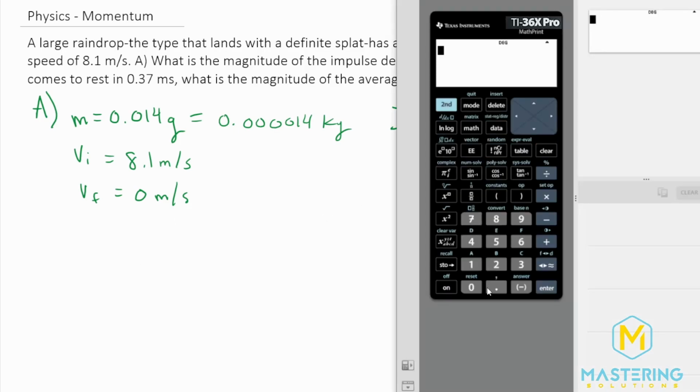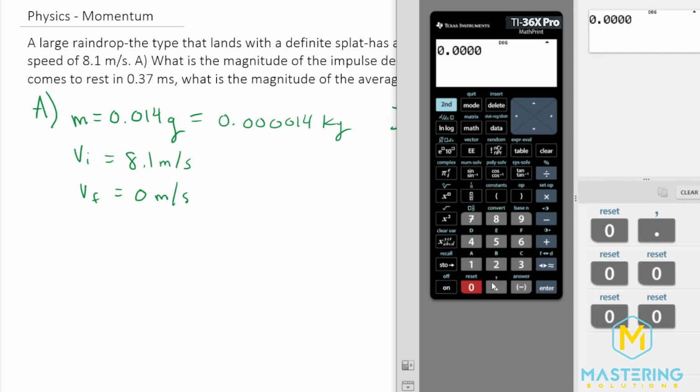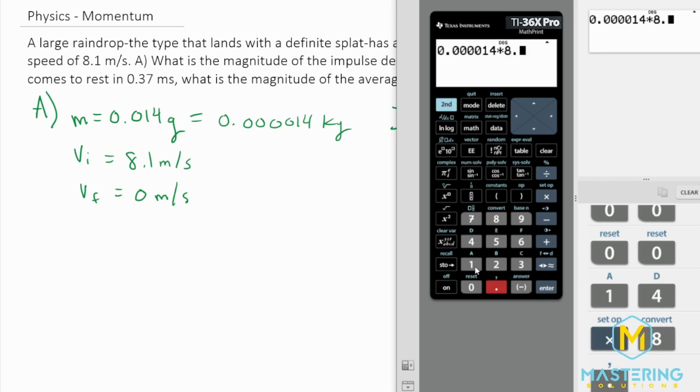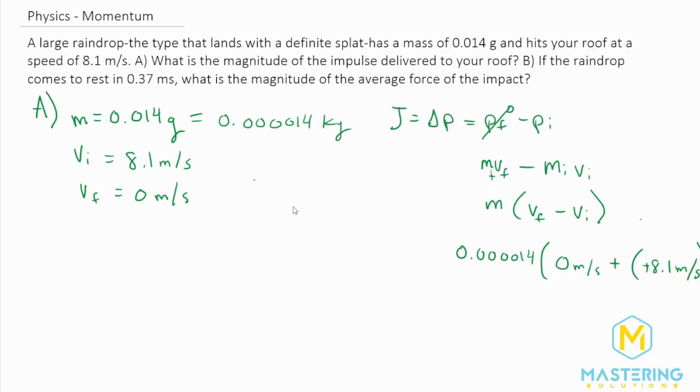Now when we plug this into our calculator, we have 0.000014 kilograms times 8.1 meters per second, which gives us 1.13. So the impulse imparted is 1.1 times 10 to the negative 4 kilograms times meters per second. So this is the answer for part A.